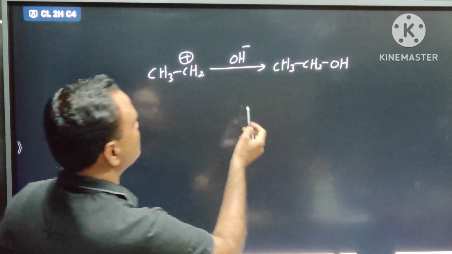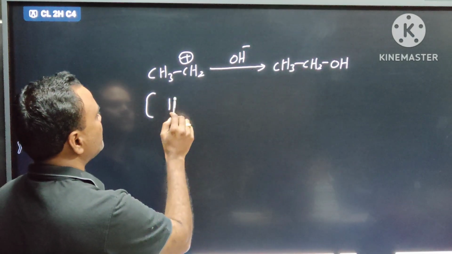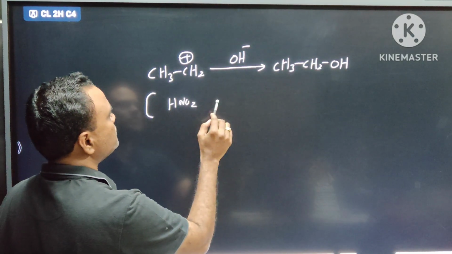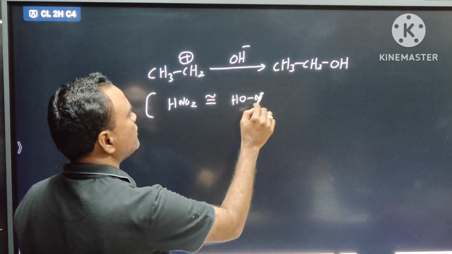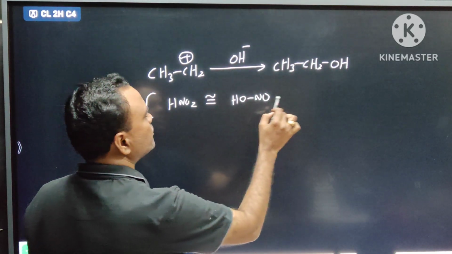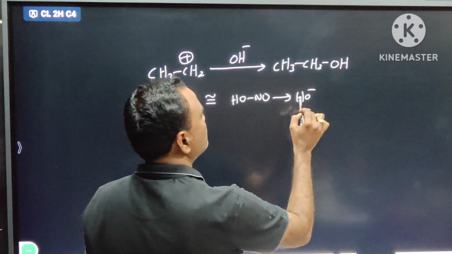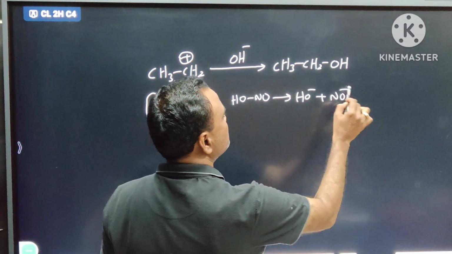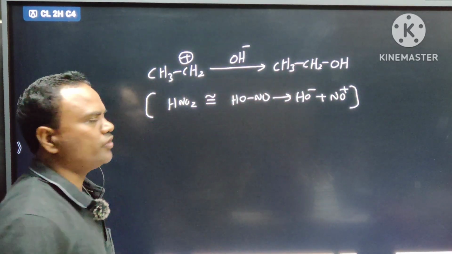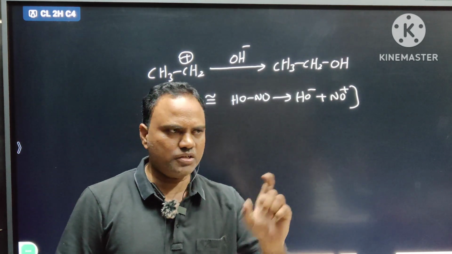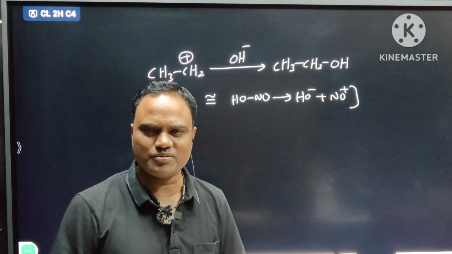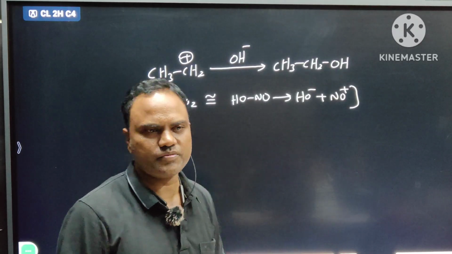That's why I took it directly. In the bracket I am writing that HNO2 can be written as OH and NO. It will dissociate into OH- and NO+. So this is the source of OH-. At the beginning we mentioned the reagent as HNO2 also. From HNO2, OH- will come.